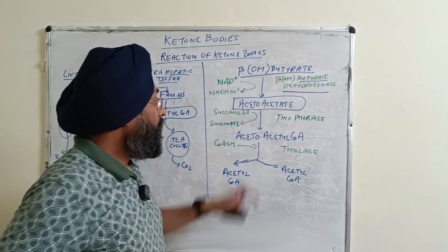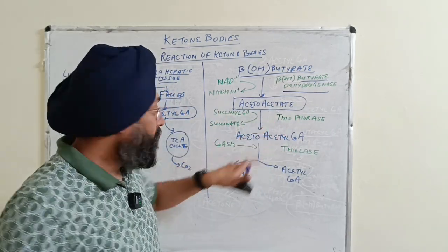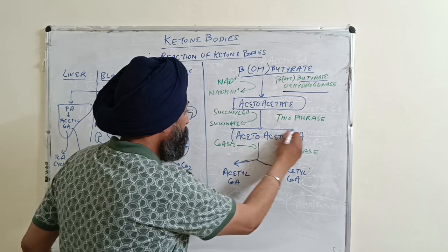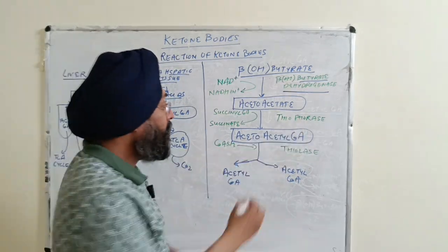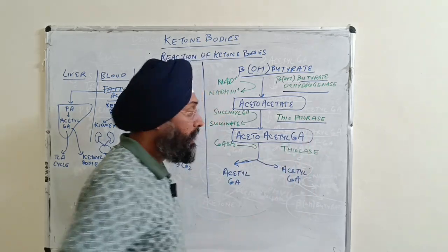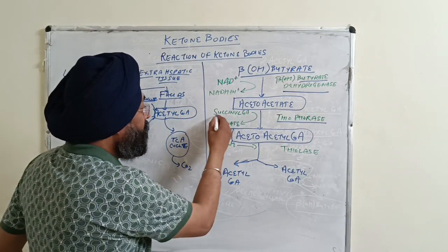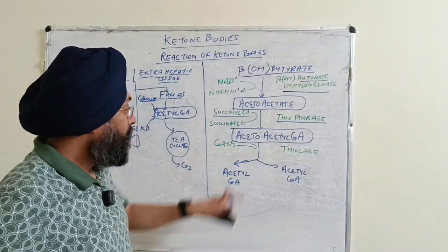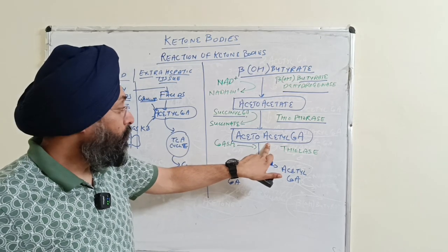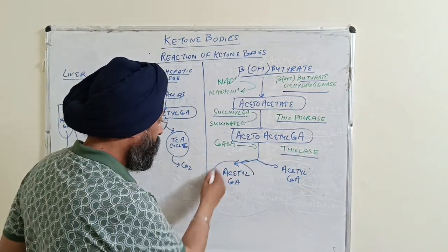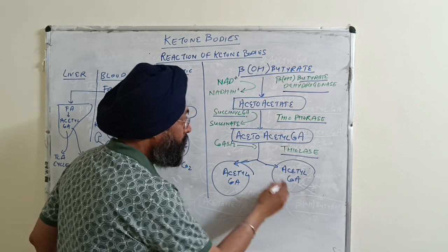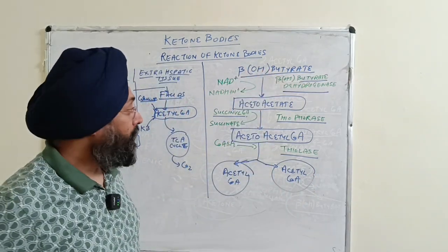We get acetoacetate, and this acetoacetate is further activated to form acetoacetyl CoA. This requires the enzyme thiophorase, with the CoA donated by succinyl CoA. This activated acetoacetyl CoA can undergo reaction by thiolase to form two molecules of acetyl CoA. This is how the ketone bodies are degraded.